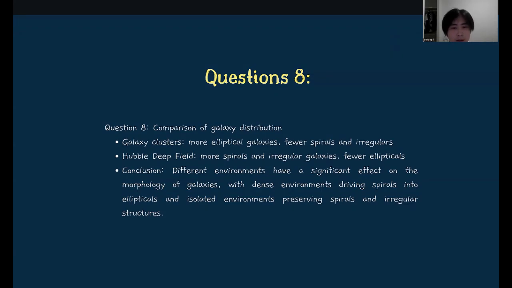To summarize, the higher number of elliptical galaxies in the cluster environment shows that gravitational interactions between galaxies in dense environments are strong and tend to disrupt the spiral structure.